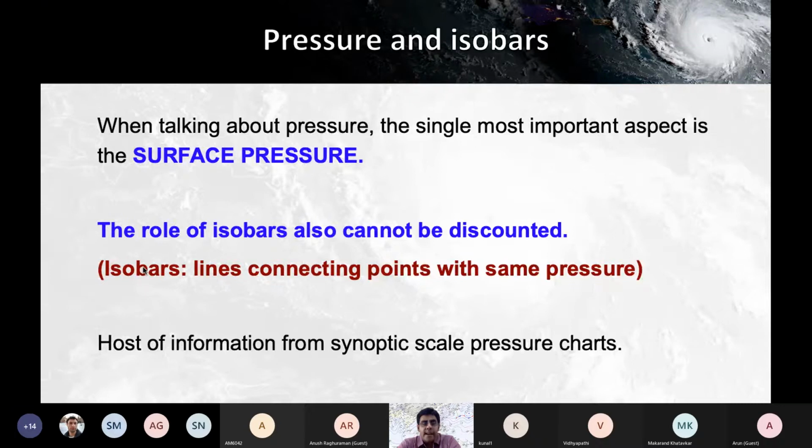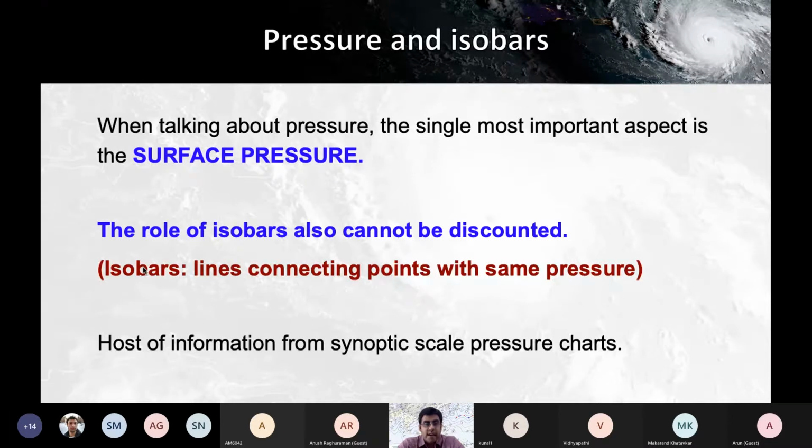And when you talk about pressure, if you are interested in, let us say, forecasting weather as a hobby, not as an official meteorologist would do, then from a hobbyist viewpoint, the most important aspect is surface pressure.